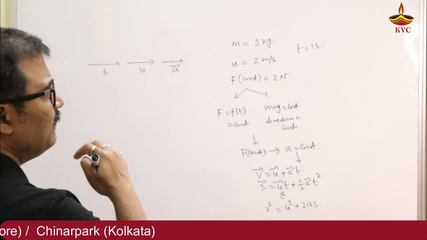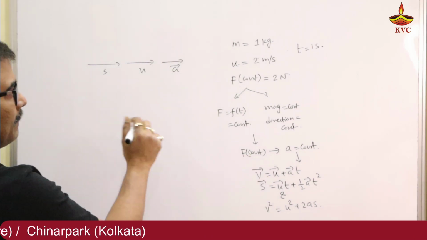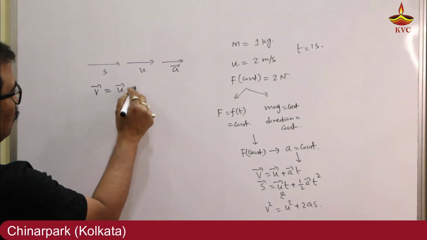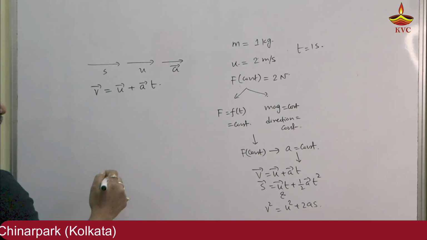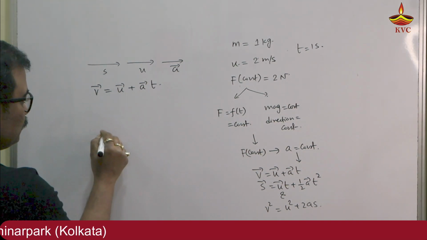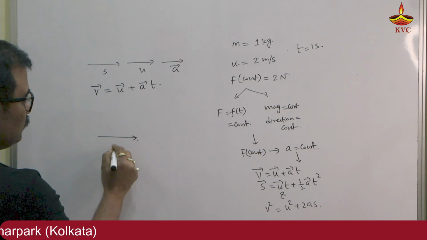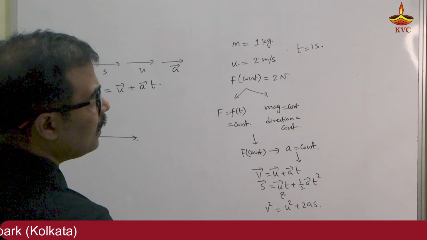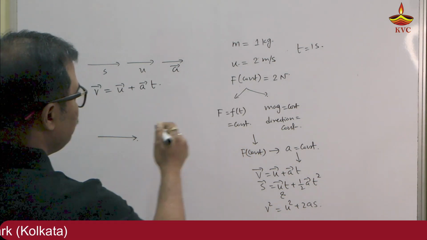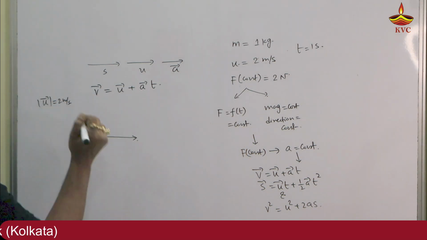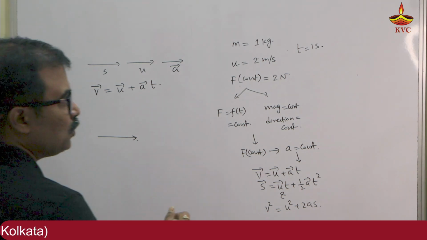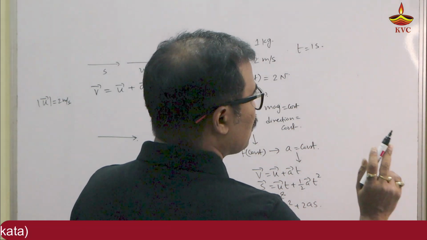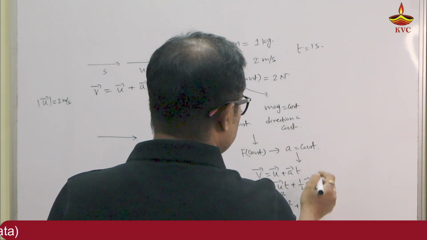So here, suppose v equals u plus at. So this is u, and the mod of u is 2 meter per second. A constant force means acceleration is also constant.